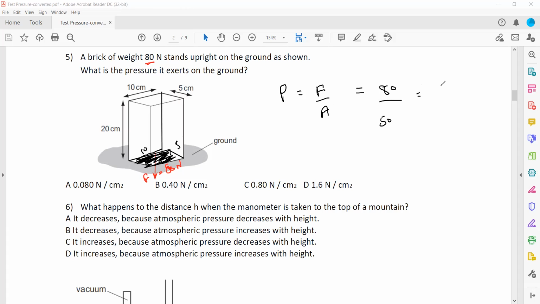So it will be 80 divided by 50, which is equal to 1.6. So 1.6 Newton per centimeter square. That is why D will be the right answer. Is it clear, this question? So we always take the base area, the area in contact.